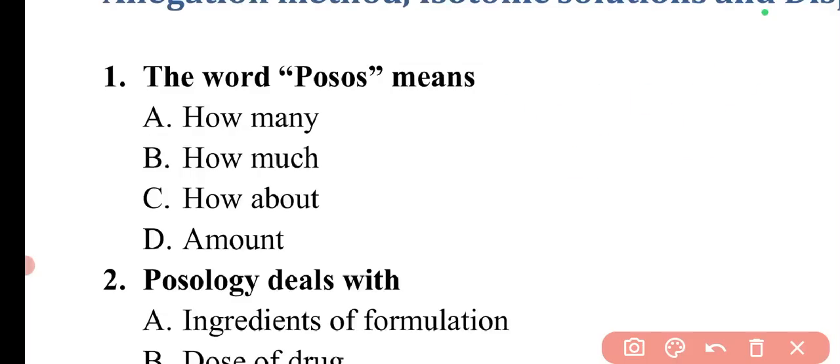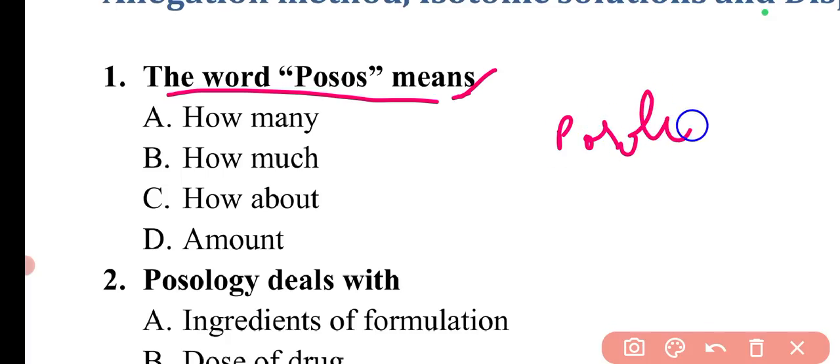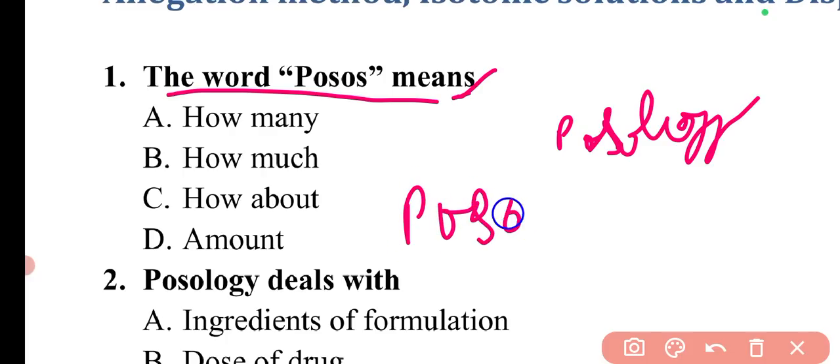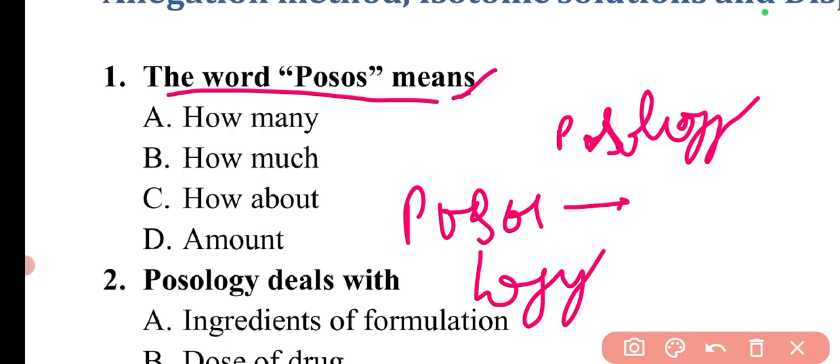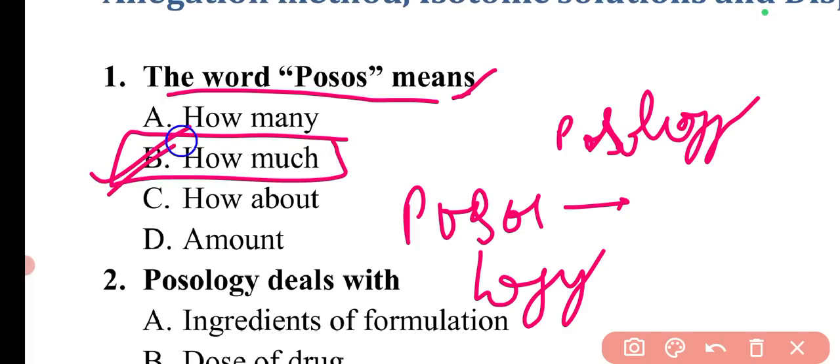Okay, so now we can start the first question from this topic. The question is, the word posos means. What is the meaning of the word posos? There is a term posology, derived from two words: posos and logi. Posos means how much, talking about the quantity.